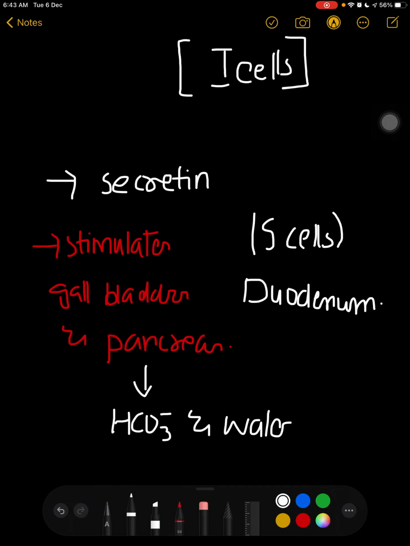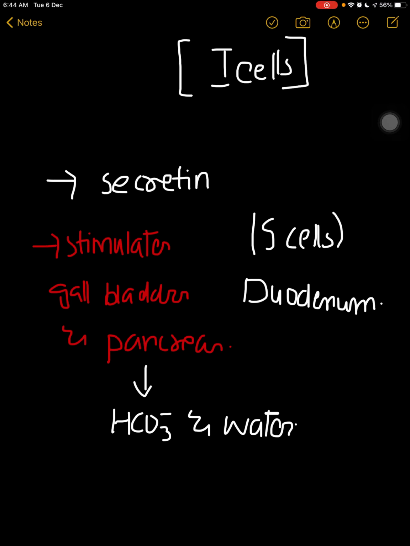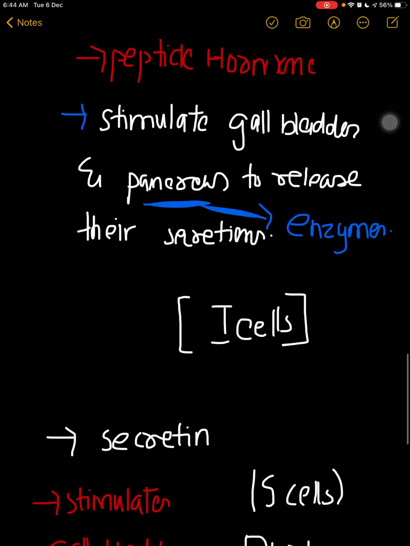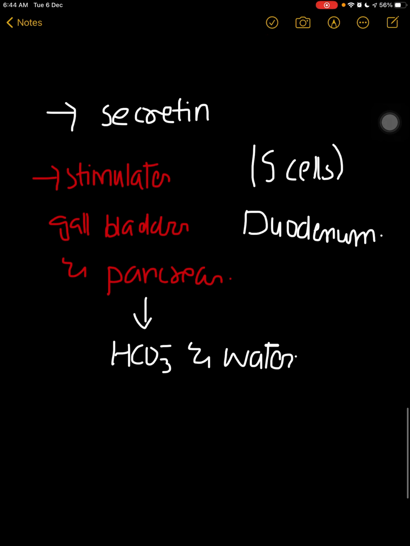This was a past paper question: the hormone responsible for secreting bicarbonate ions from the pancreas is secretin. So secretin is responsible for releasing bicarbonate ions and water, whereas the enzymes of the pancreas are stimulated by cholecystokinin. Okay, these are the things that can be asked.